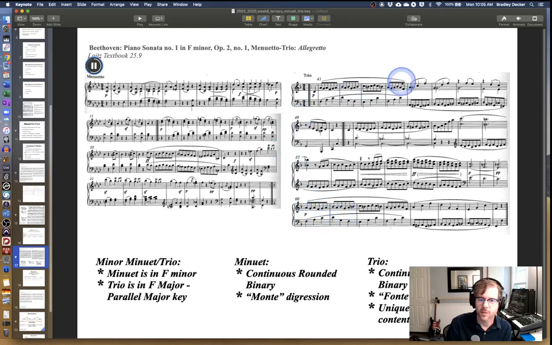Return to the original trio material. Back to minuet. And it seems the Laitz recordings do not take repeats. Digression.